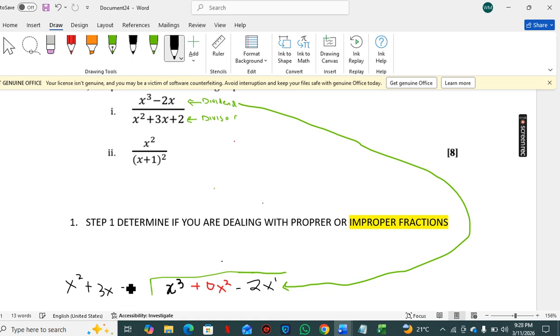That way you do not put the wrong one inside. So the divisor, which is the one at the bottom, is going to come here. That's what you need to remember. Are there any questions before we begin the polynomial division?